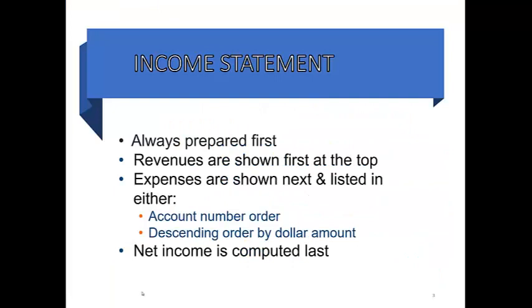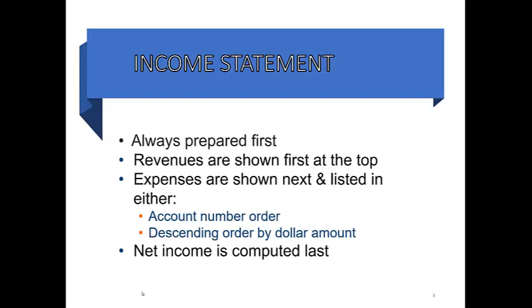Let's first begin with a review of our financial statements. Remember, the income statement is always prepared first. It shows two account types, that's the revenues and expenses for the company. The revenues are shown first at the top, followed by the expenses.